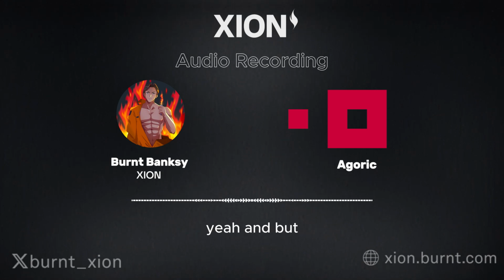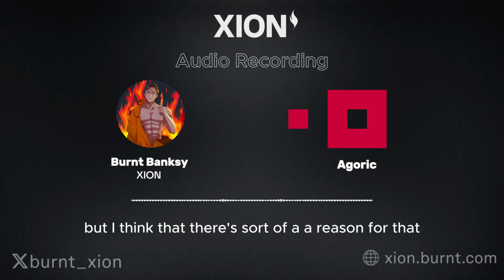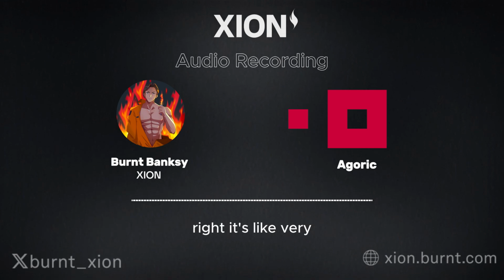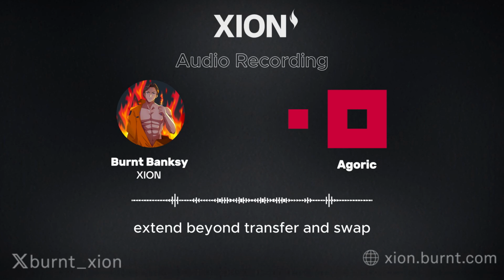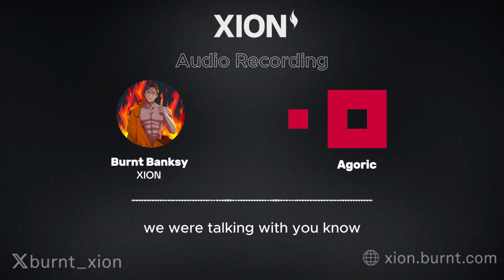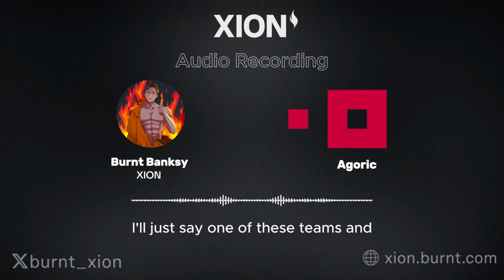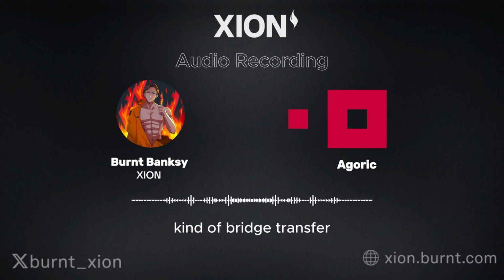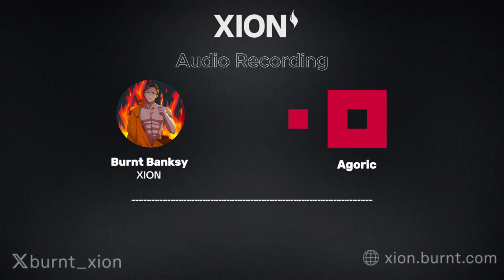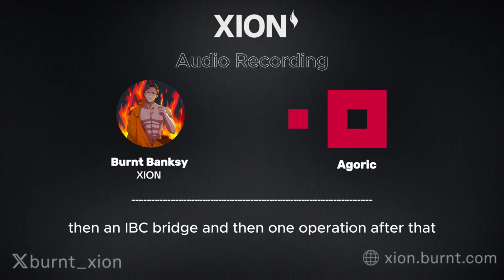Yeah, but I think there's a reason for that, right? It's very, very difficult to do things that extend beyond transfer and swap. We were talking with one of these teams, and the thing they were trying to do was a particular kind of bridge transfer, then an IBC bridge, and then one operation after that.